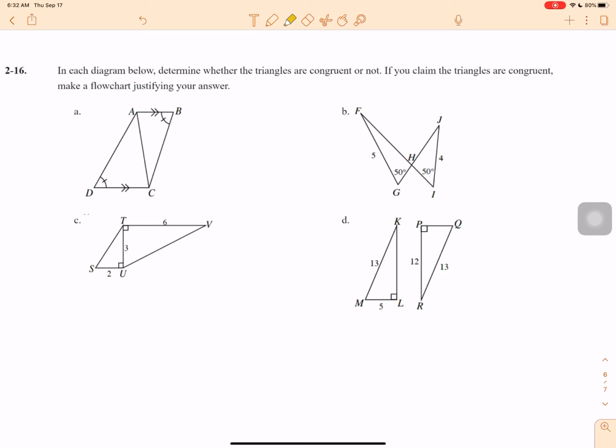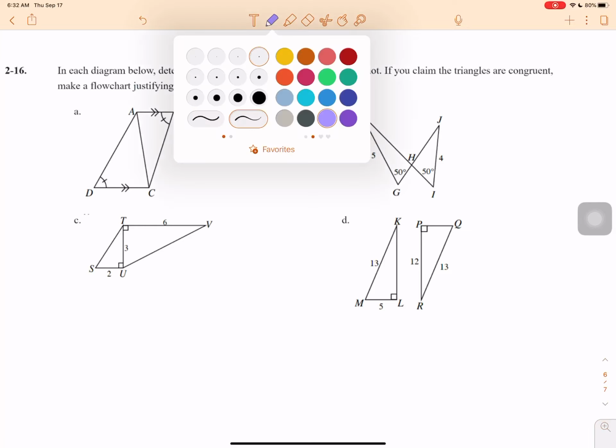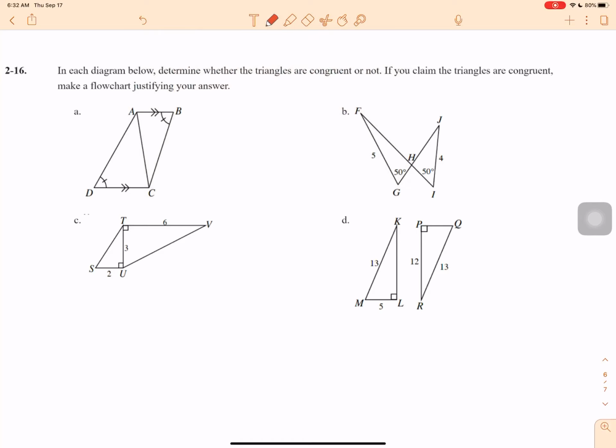Before I even draw flowcharts, I'm going to mark what is congruent. I know I have this angle that's congruent here. And then I have this reflexive side, the reflexive property, so this side is congruent to itself.